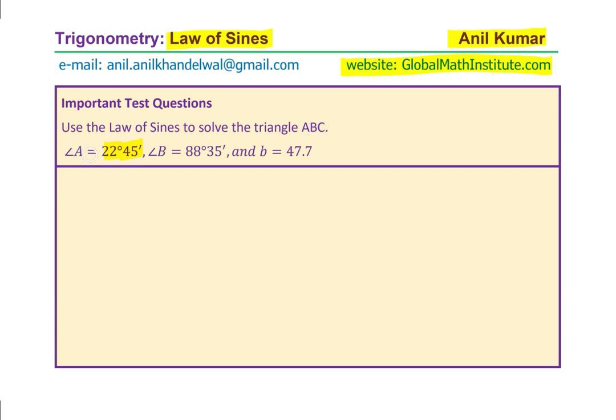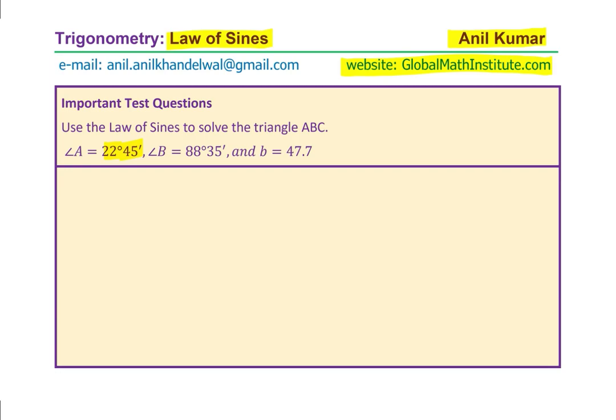Angle A is 22 degrees 45 minutes, angle B is 88 degrees 35 minutes, and the side length b is 47.7. Solving a triangle means that you have to find angle C and the other two sides, a and c.